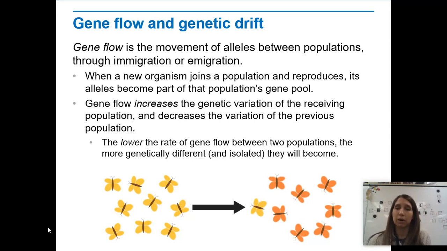Gene flow generally increases variation in the receiving populations, the places where individuals are moving into, and it decreases variation in places where they're coming from. But gene flow is just the idea of physical movement, one individual moving somewhere else.